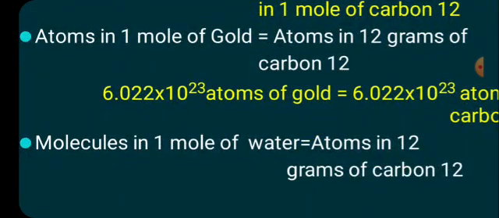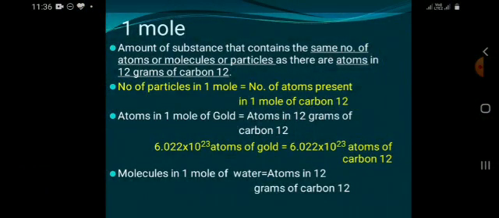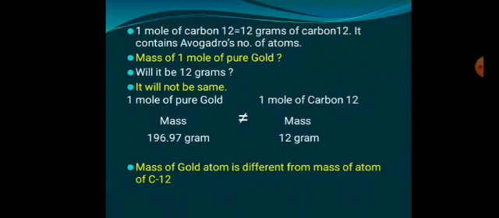Similarly, molecules in 1 mole of water will be equal to atoms present in 12 grams of carbon 12. One mole of carbon 12 is equal to 12 grams of carbon 12. It contains Avogadro's number of atoms.